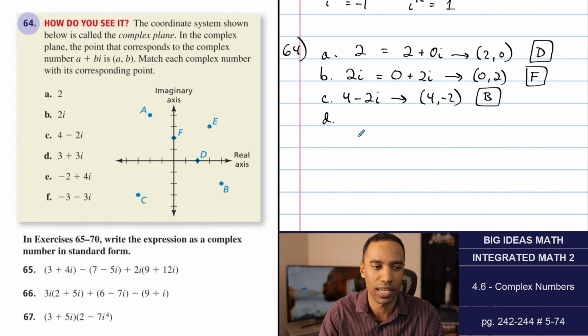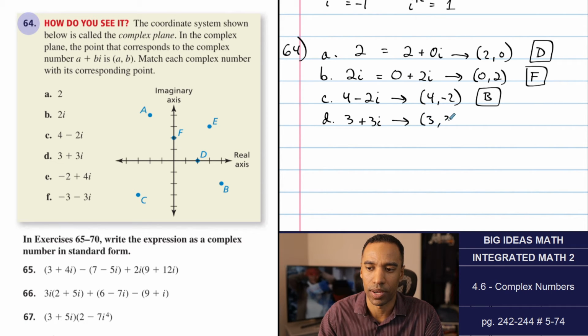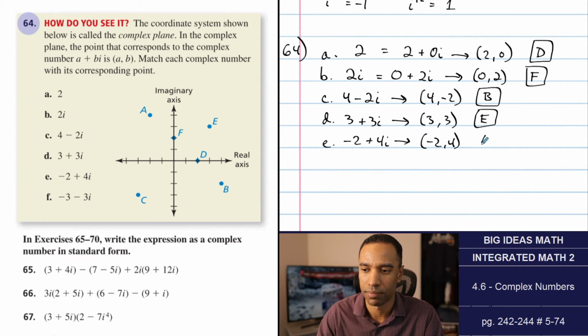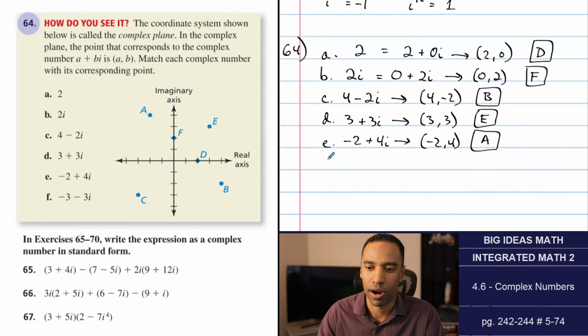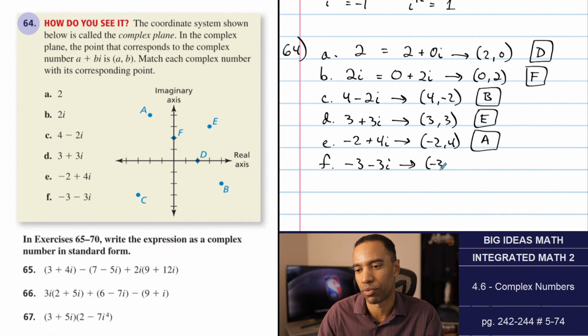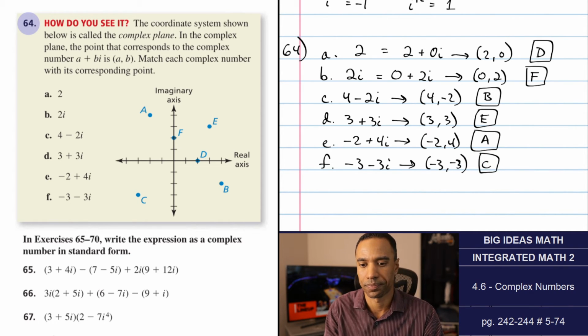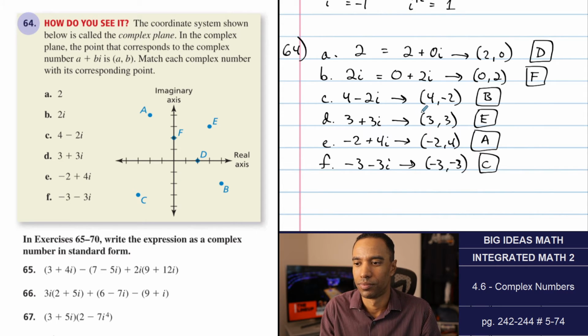I'm going to go pretty fast here. D: 3 plus 3i corresponds to (3, 3). (3, 3) is point E. Part E: negative 2 plus 4i corresponds to (-2, 4), which is point A. And then part F: negative 3 minus 3i corresponds to (-3, -3), which is C. All right, cool.